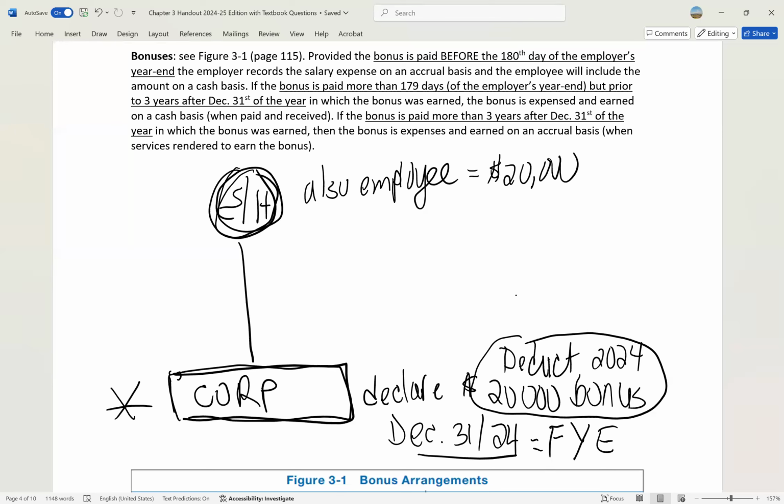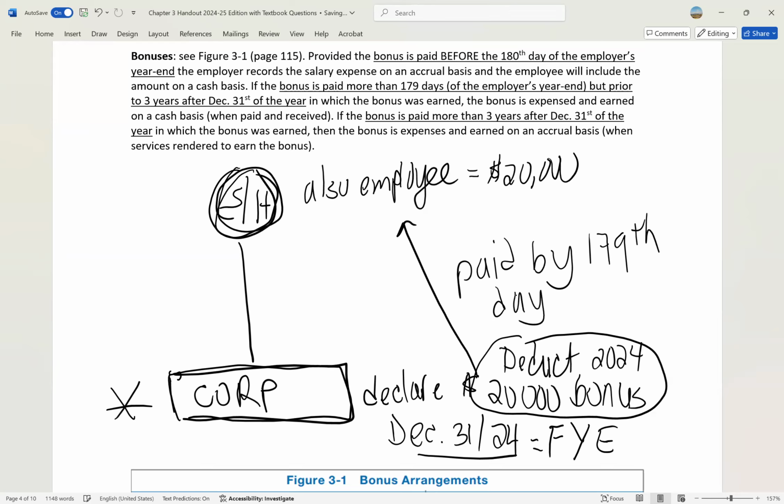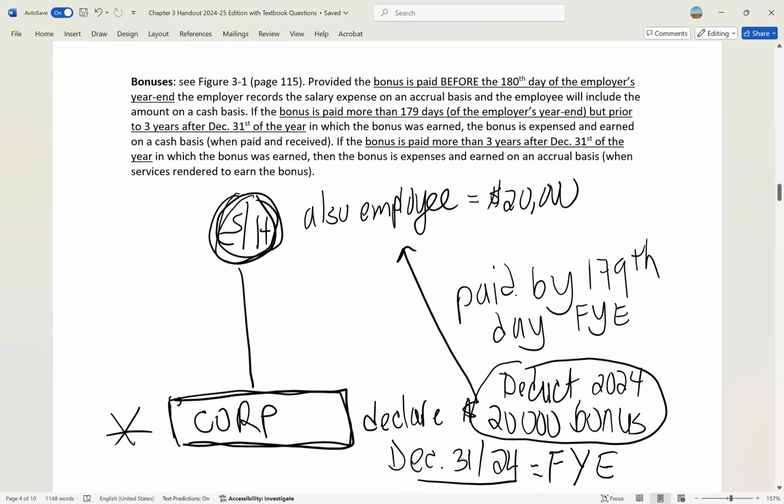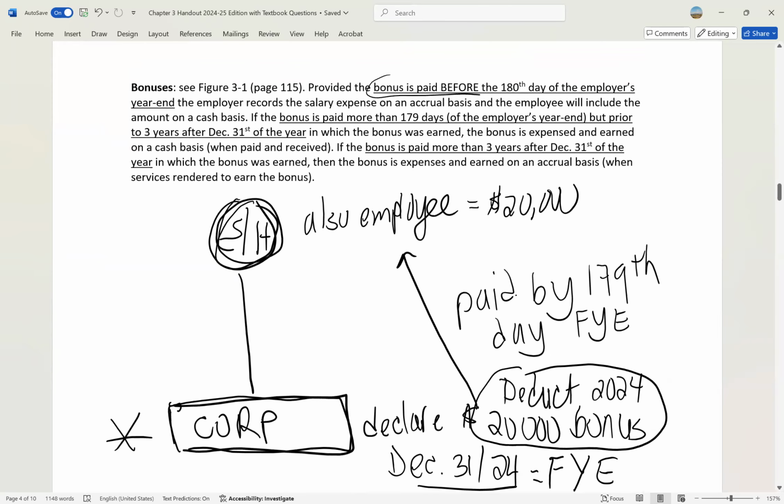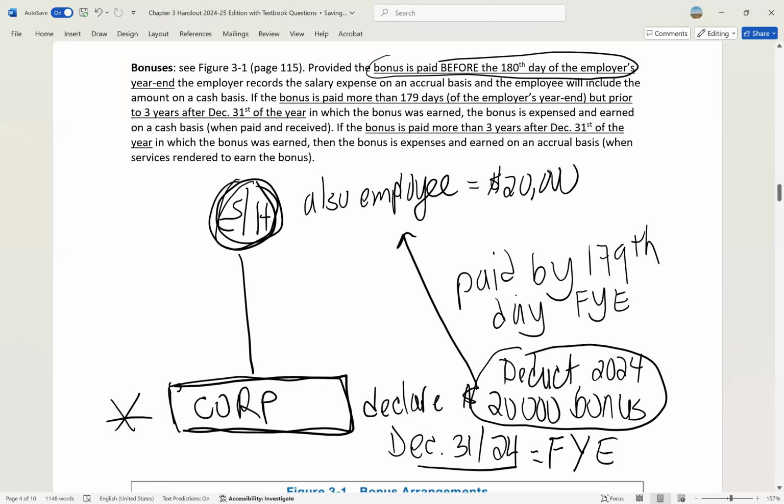Now, there's a rule that says if this $20,000 is paid by the 179th day from the fiscal year end, the employee doesn't have to include it until the year they receive it. And this is what I have up here. The wording is right here. So this company's fiscal year end is December 31st, 2024.